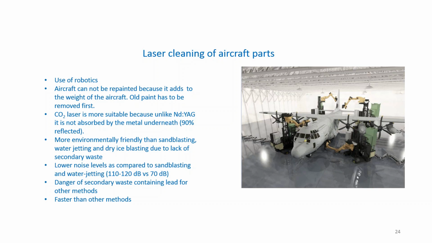Aircraft cannot be repainted, first of all, because it adds to the weight of the aircraft. Old paint has to be removed first. So this is the answer to the question: if somebody asks, why can't we put paint on top of already existing old paint? Because it will add weight to the aircraft, and that's not desirable. So you have to remove it.